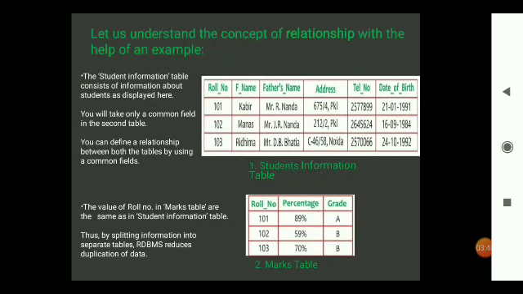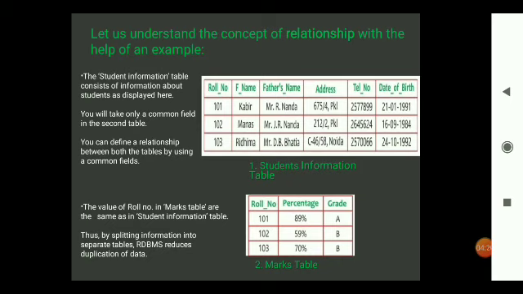Let us understand the concept of relationship with the help of an example. Given below, the two tables are there: students information table, marks table. The student information table consists of information about students are displayed here, such as roll number, first name, father's name, address, telephone number, and date of birth. In the second table, we are having roll number, percentage, and grade.